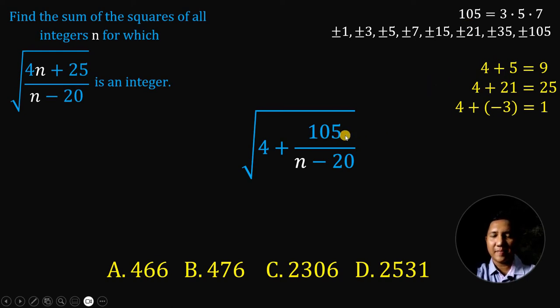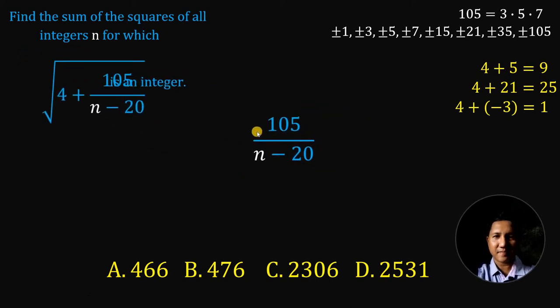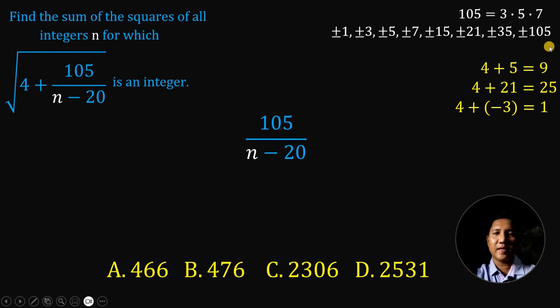So now, here's the plan. First, we let 105 over n - 20 equal 5, then 21, then negative 3, and solve for the value of n, because if we do that, we get a perfect square. So let's begin. Let's take 105 over n - 20 and equate this to 5.